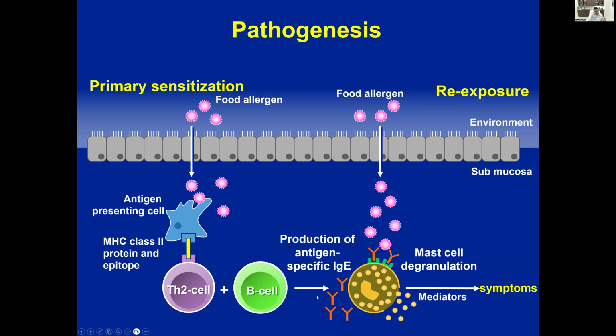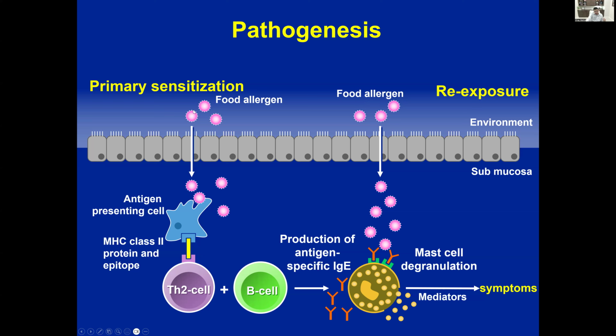The IgE will then get bound to mast cells, which are predominantly in the tissue, where it will reside on the mast cell and lay dormant. And this half-life is extremely long, about 70 days. And then upon re-exposure of the same food, and this would be by oral ingestion.